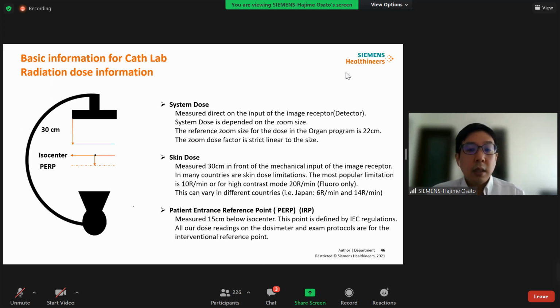As you can see, high contrast mode has 20 Röntgen per minute for fluoroscopy mode. It is useful for the maxed out situation. When the patient size is quite big or using steep angulation, we face the maxed out situation. Then the image quality gets worse, but the X-ray amount reaches the skin dose limitation, so the system cannot supply more power in this situation.